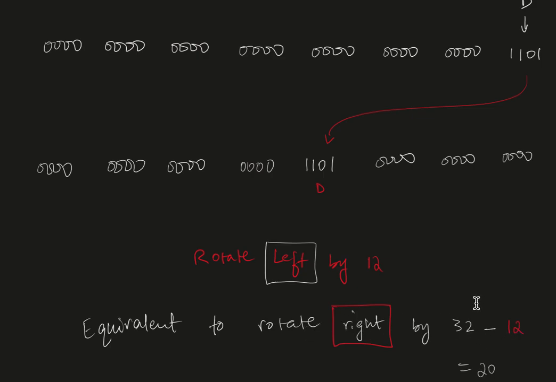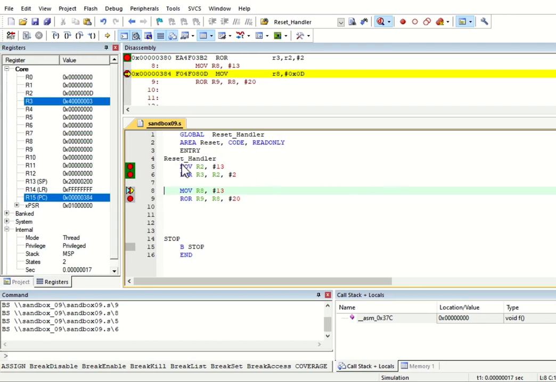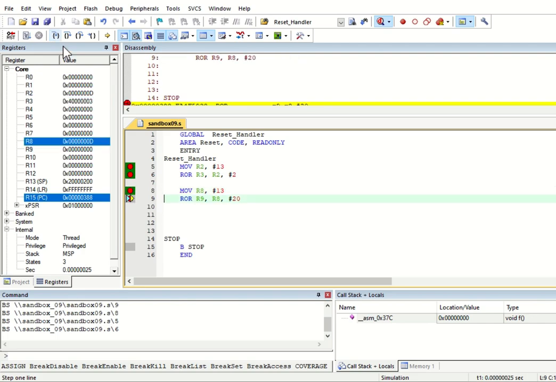So let's see what we really get by rotating our original number by 20 to the right hand side. We should expect that this gives us this result, which is effectively a rotation to the left by 12. So again, moving 13 into R8, which is D, and we're going to store the result in R9 this time, and we're going to rotate by 20.